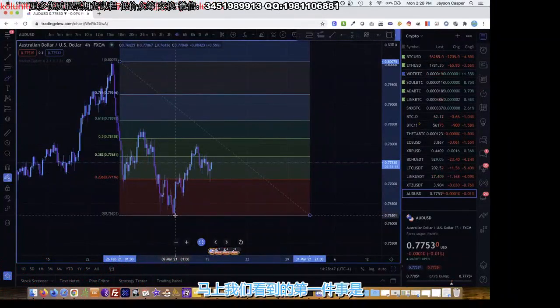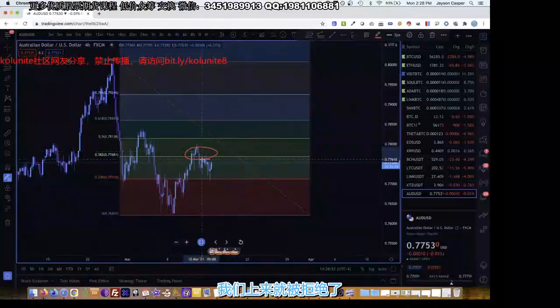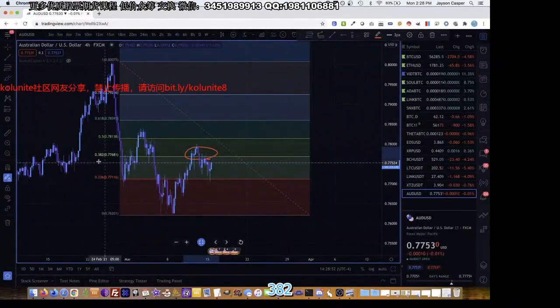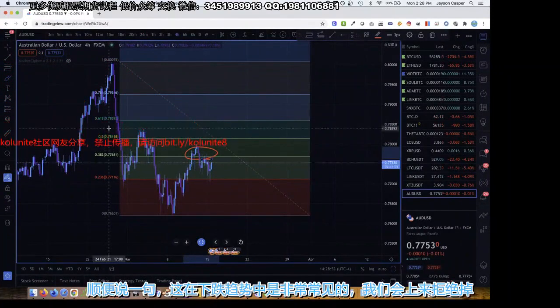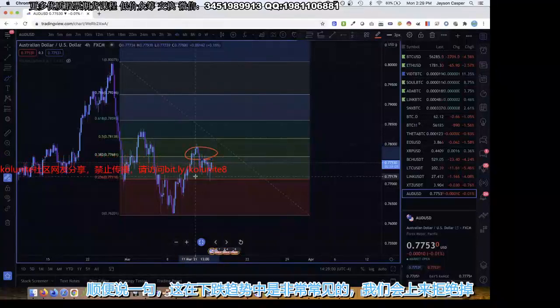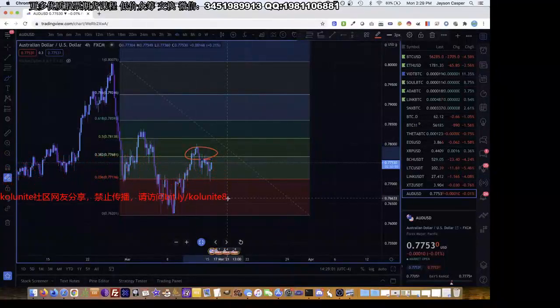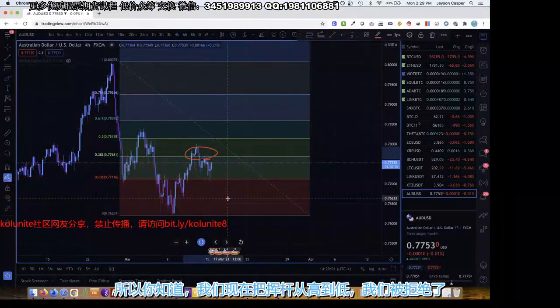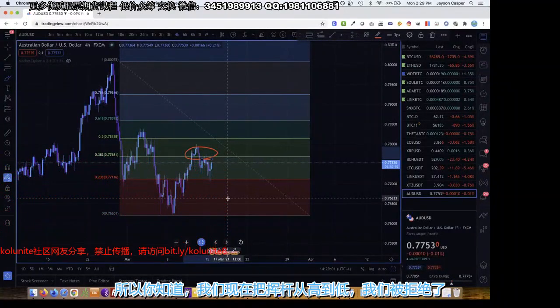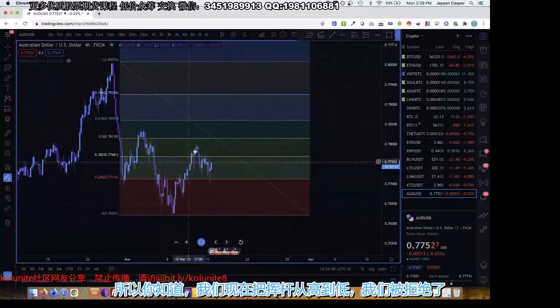But right away, the first thing we see is we come up and we get a rejection off the 0.382 right here, which is very common, by the way, in a downtrend that we will come up and reject off the 0.382. So, we've got our swing high to our swing low right now, and we get a rejection off the 0.382.